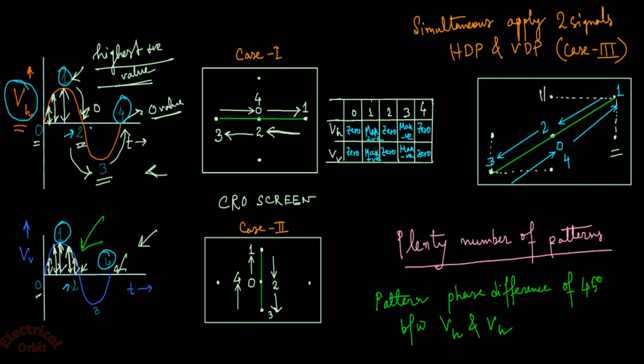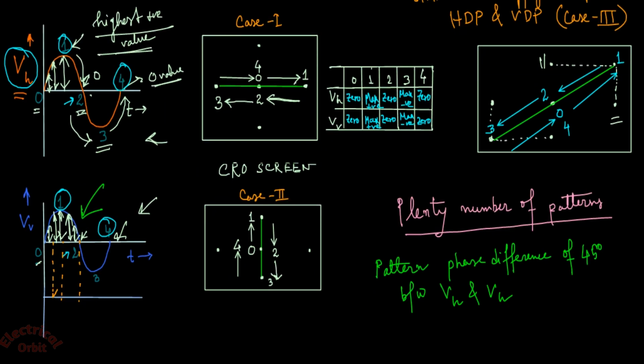That means the vertical voltage will start from this particular position and will be like this, because this is 180 degrees or pi, this is pi by 2 or 90 degrees, so this is pi by 4 or 45 degrees. So the vertical voltage will start from this position, and accordingly we have to name it 0, 1, 2, 3 like this, and you find the pattern of the output voltage waveform on the CRO screen when there is a 45 degree phase difference.